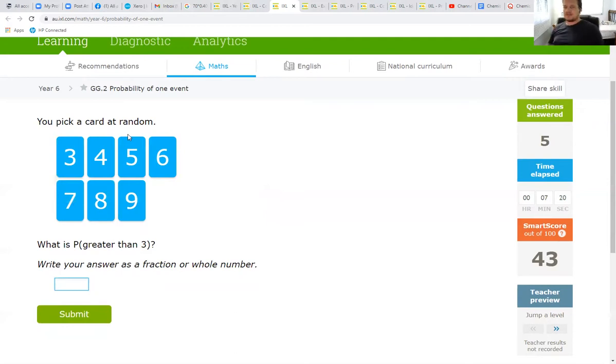What is the probability that the number you pick is greater than 3?